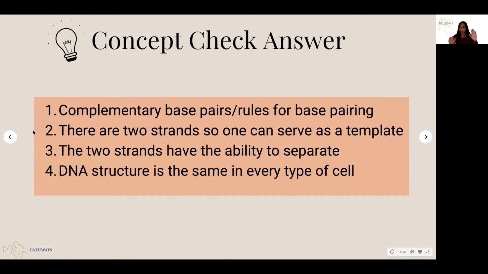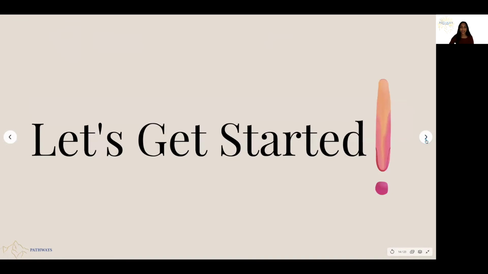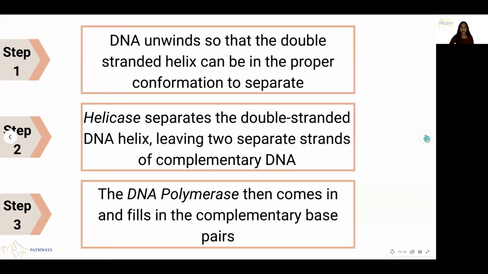That way each one can serve as a template. And DNA structure is the same in every type of cell. So regardless of the type of cell, whether it's a heart cell, muscle cell, or skin cell, all the cells can have the same type of machinery needed for replicating the DNA, because the DNA is the same in all of your cells. So now let's go ahead and get started with the steps of replication.